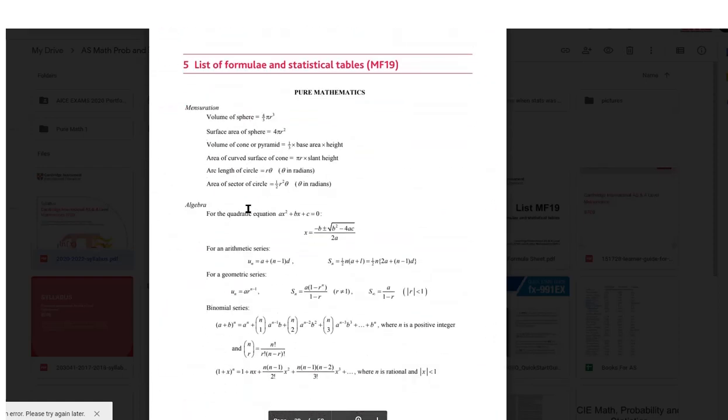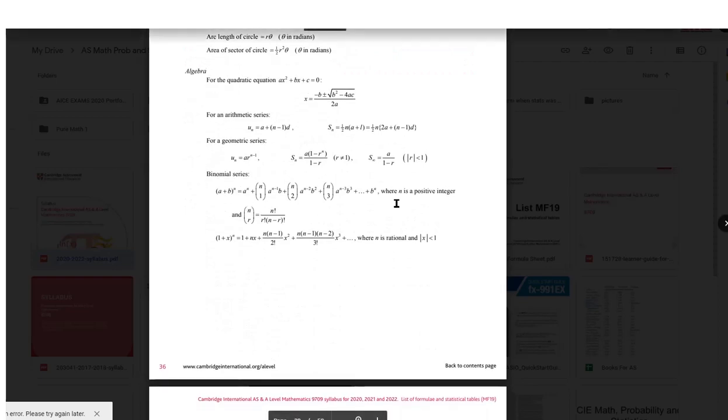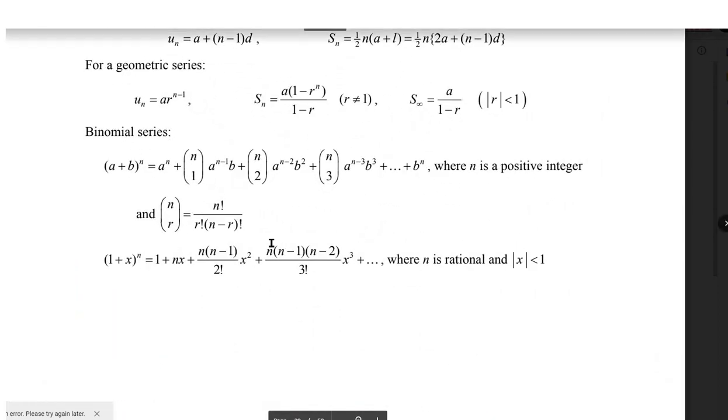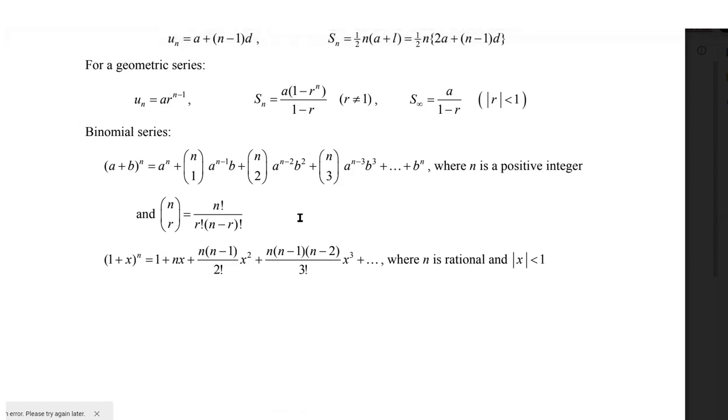All right, here's the pure math. Take a look. This is the formula for a binomial series. And again, it is going to be on the formula sheet, but the way it's written, it's kind of cryptic.